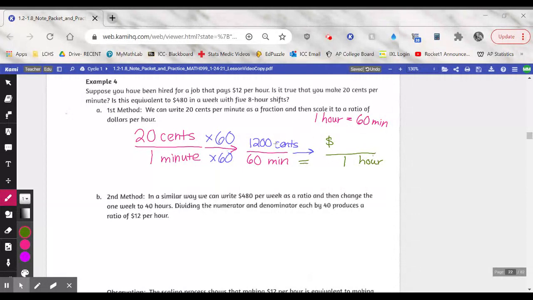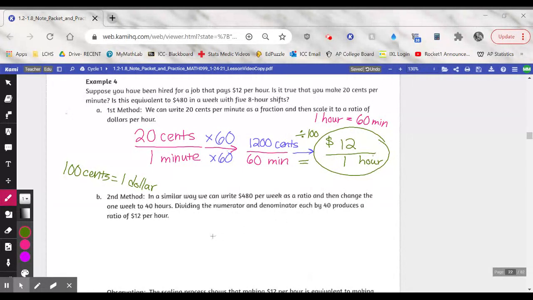For the top, I can figure out what 1,200 cents is in dollars because we know that 100 cents equals $1. So if there's $1 for every 100 cents, I can just divide that by 100, and that will be $12. So 20 cents for every 1 minute is the same as $12 for every 1 hour.